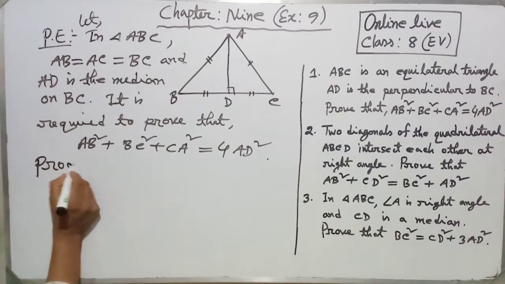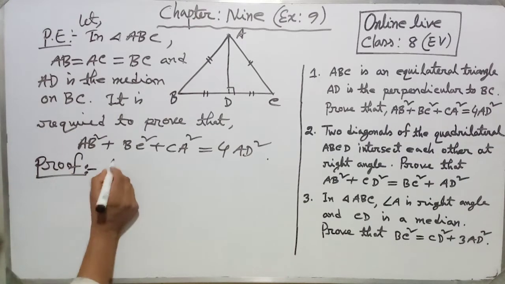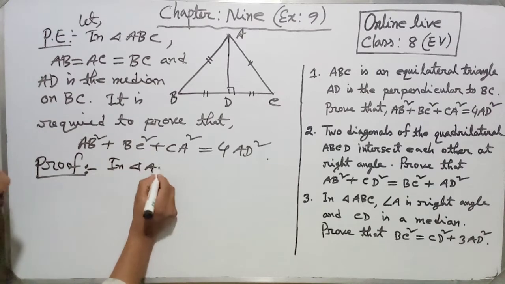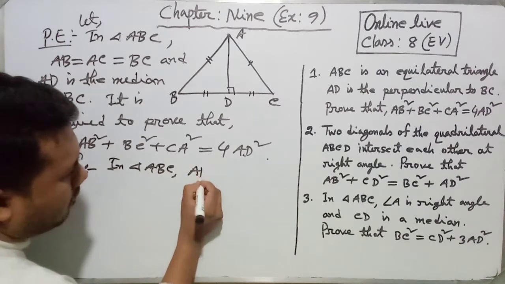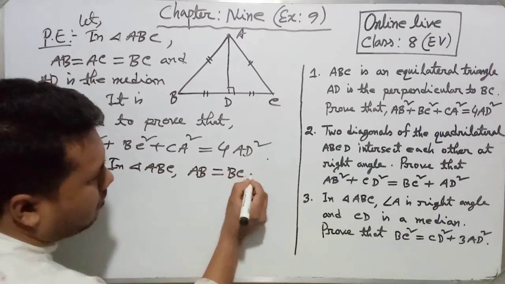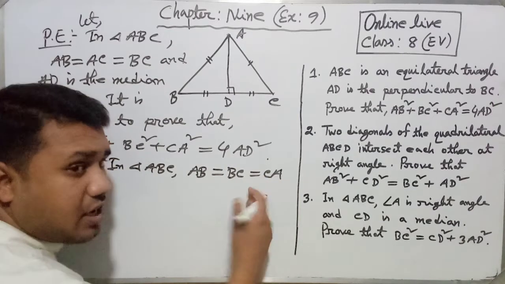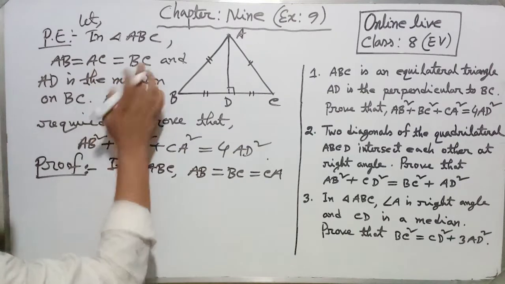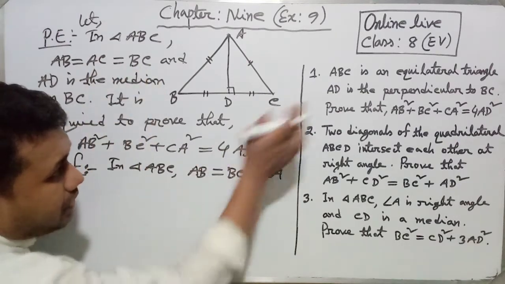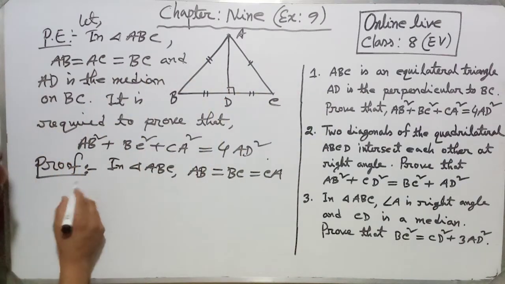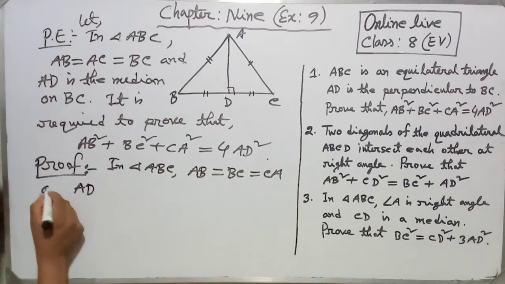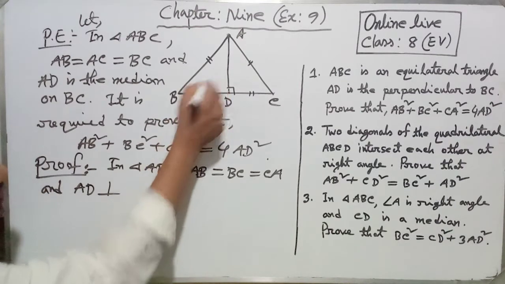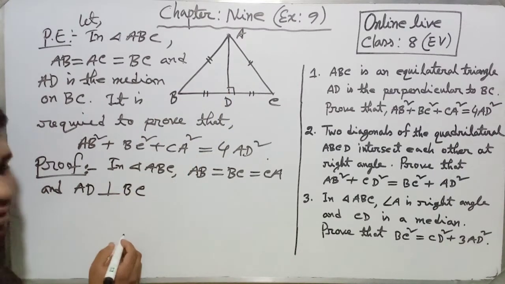Now proof. Dear students, look, in triangle ABC, AB equal BC equal CA. CA or AC, same, because this is an equilateral triangle. Here also written. So this one. And look, AD perpendicular on BC.